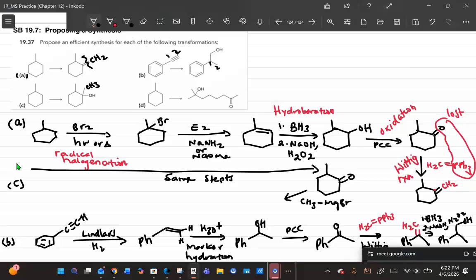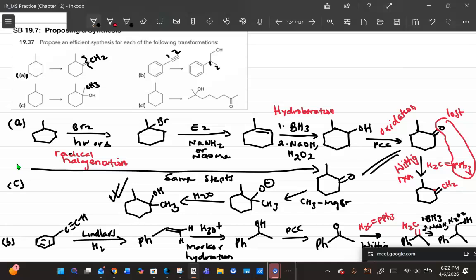That gives you the alcohol as well. There will be an O minus with your CH3, which is why we add H2O to give us OH and the CH3. That is if you remember the four organic one reactions: radical halogenation, E2, hydroboration, and PCC oxidation. Okay, I'll remember them soon.